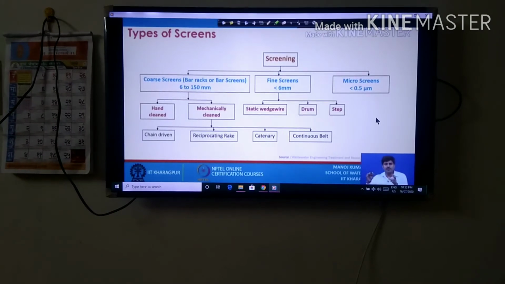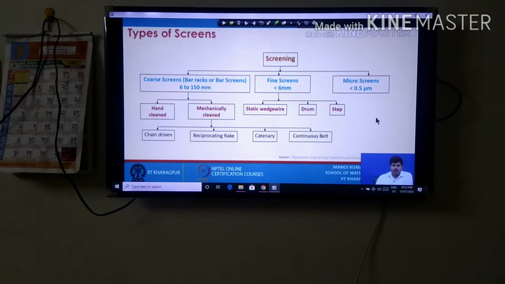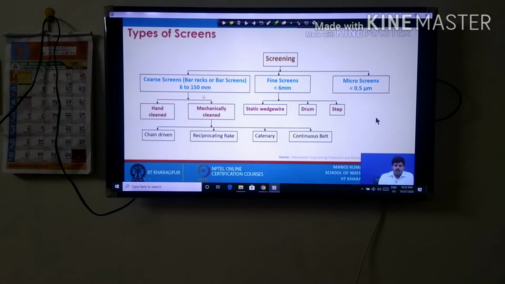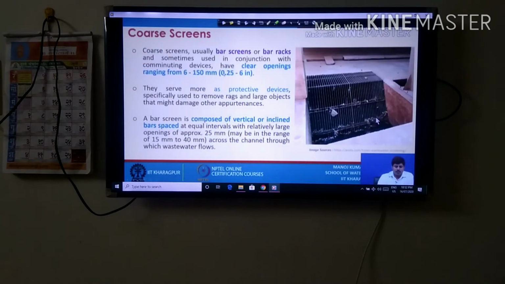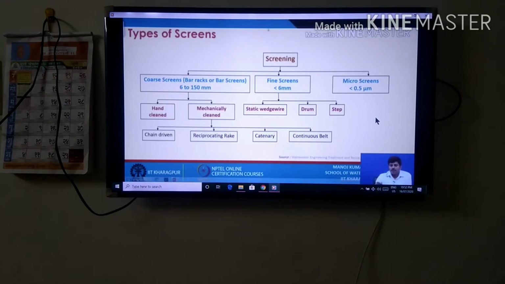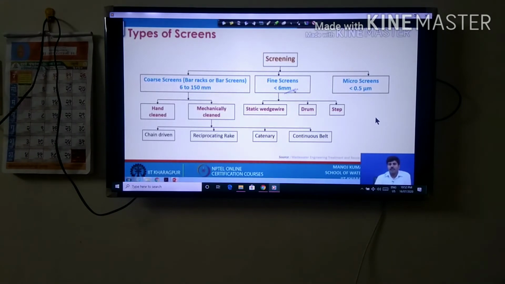The coarse screens, which are bar racks or bar screens, are typically of the order of 6 to 150 mm opening size. We have fine screens, which are usually less than 6 mm, and microscreens, which are less than 0.5 micrometer.